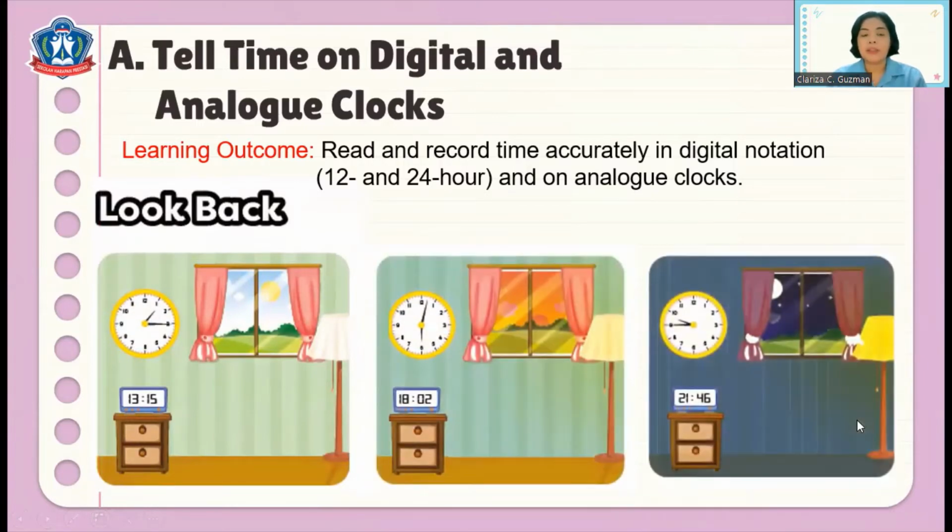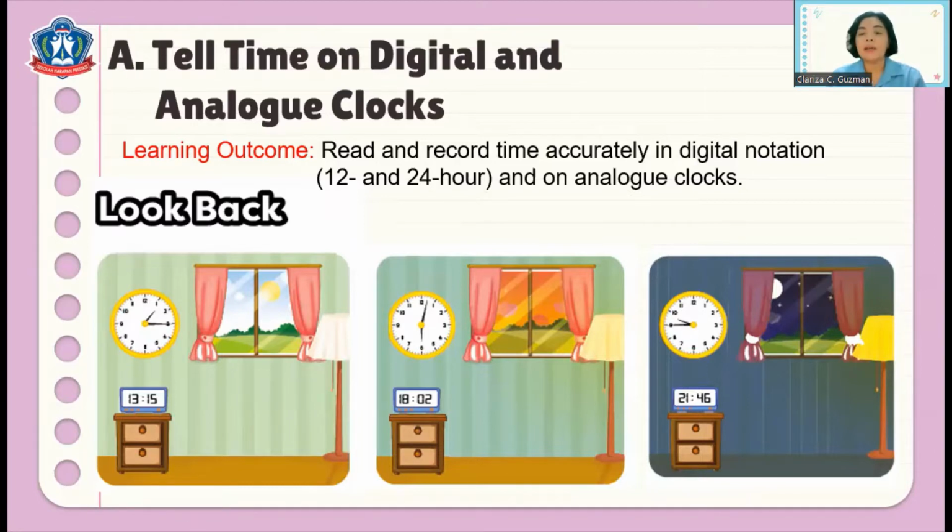The first picture shows an analog and digital clock for 1:15. The second clock shows the analog and the digital clocks for 6:02. And the third clock shows 9:46.